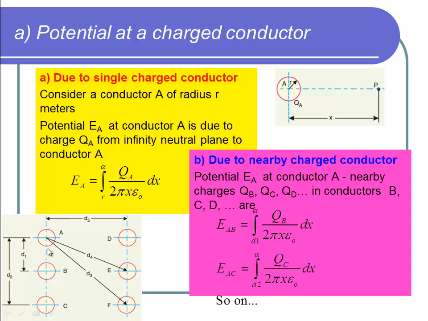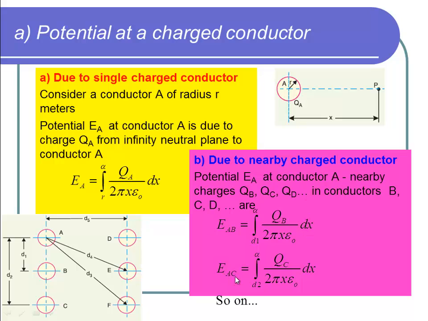In the same way for conductors B, C, D, E, F, we can say that EAB, that is the electric potential on conductor A because of charge QB, is equal to integral from D1 to infinity, where D1 is the distance between conductors A and B, of QB by 2 pi x epsilon naught dx.